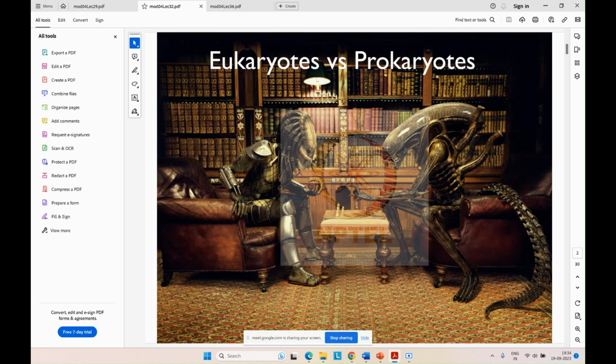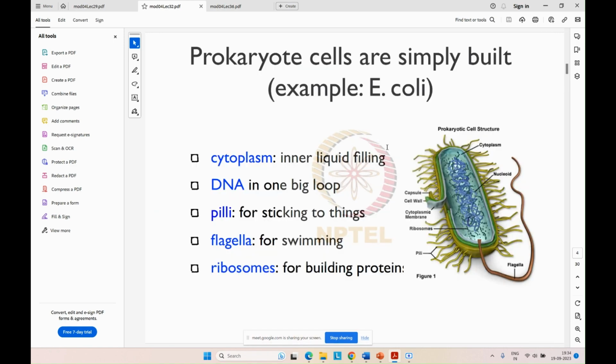Prokaryotes are known as the primitive organisms, and eukaryotes are more advanced because they are evolutionarily late. Evolutionarily, they appeared later than the prokaryotes.